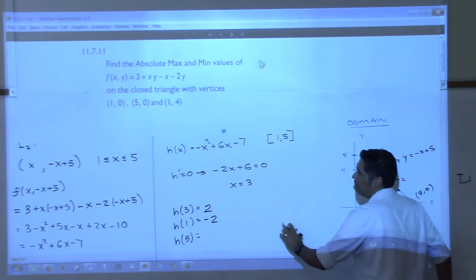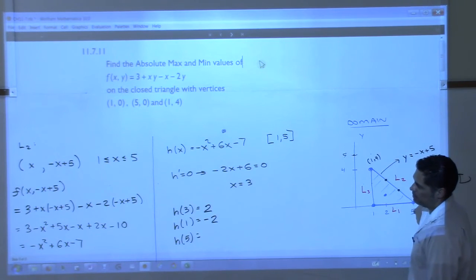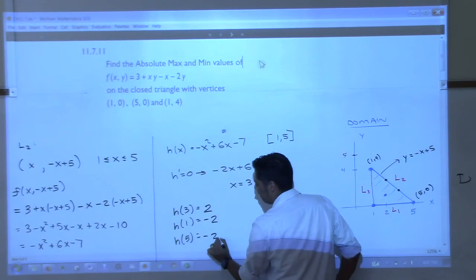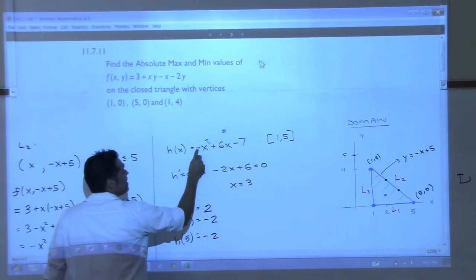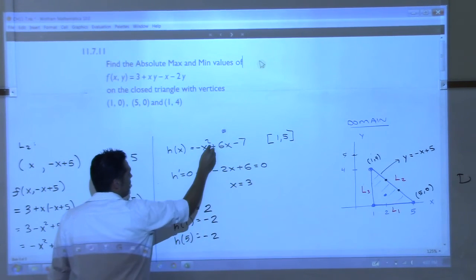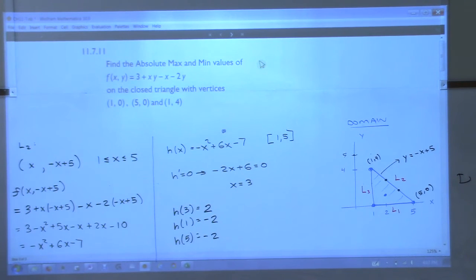Negative 25 plus 30, minus 7, you should get negative 2 again, right? The negative is out front, remember? So you're squaring it first, then the negative. So that's what we get.